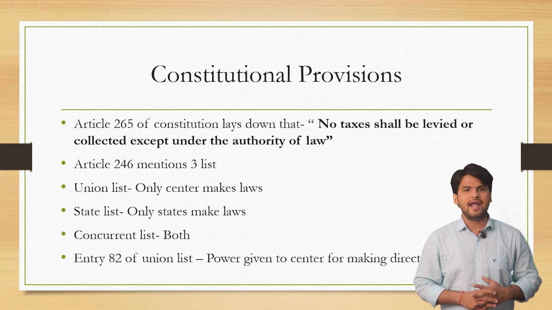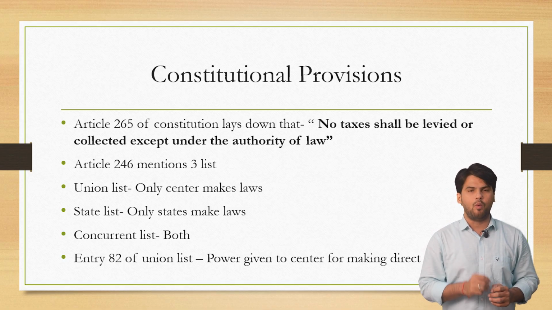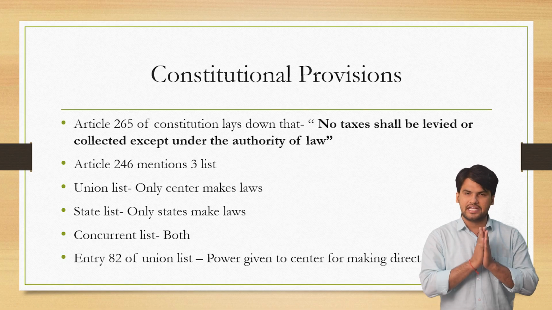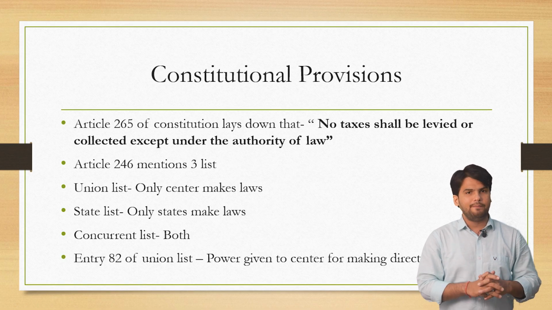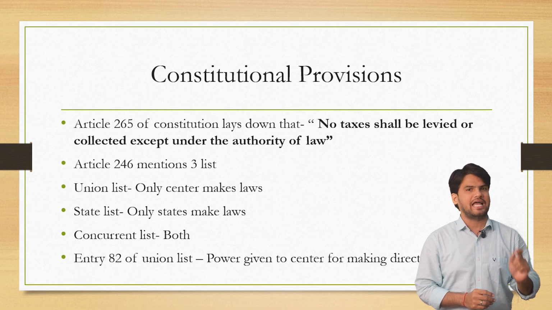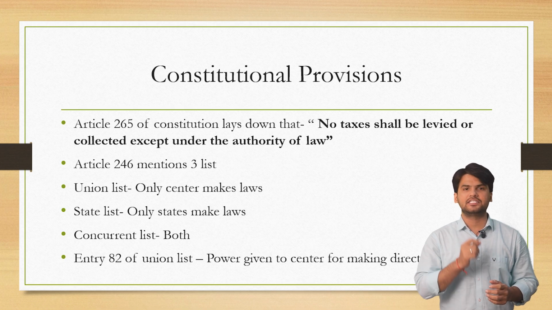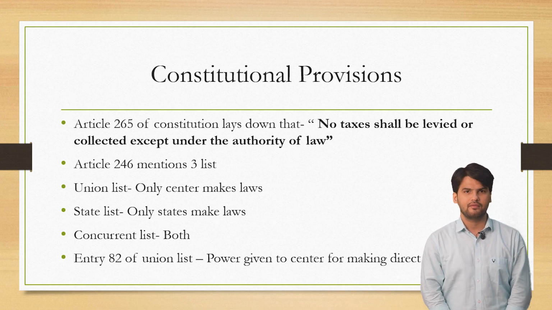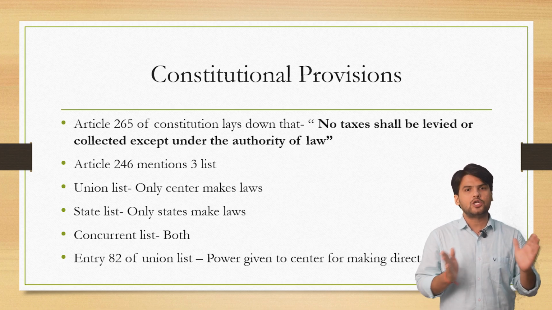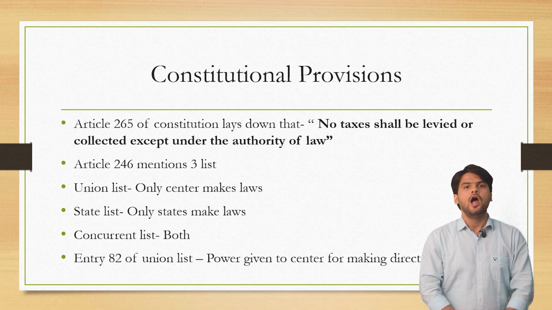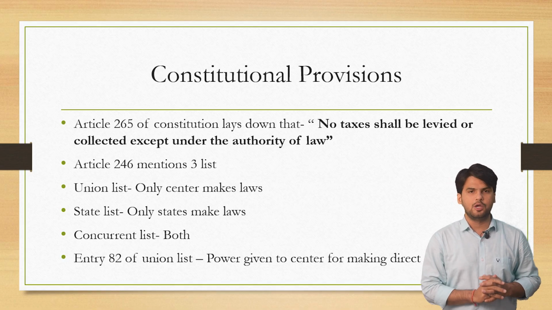Taking powers from that, in the year 1961, the Income Tax Act was introduced in India, which was made applicable for the first time on 1st April 1962. So this is about the historical background and introduction of the Income Tax Act 1961.